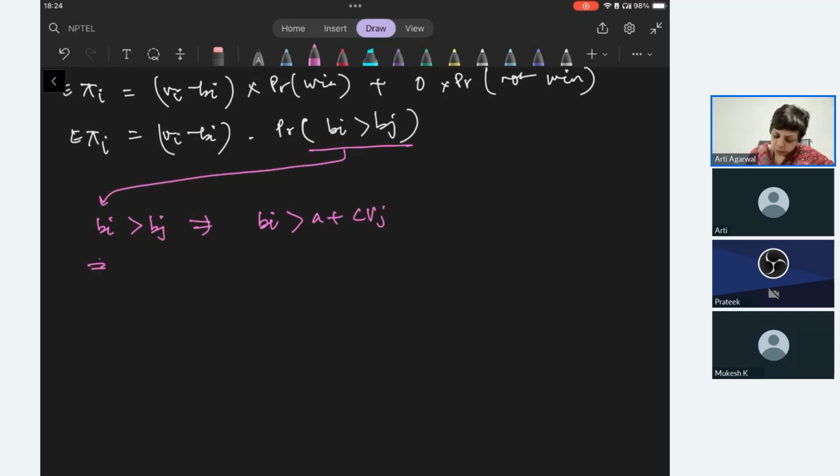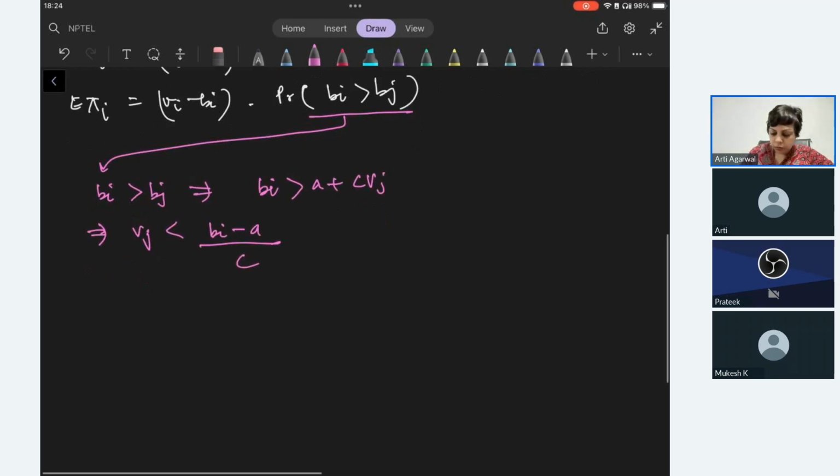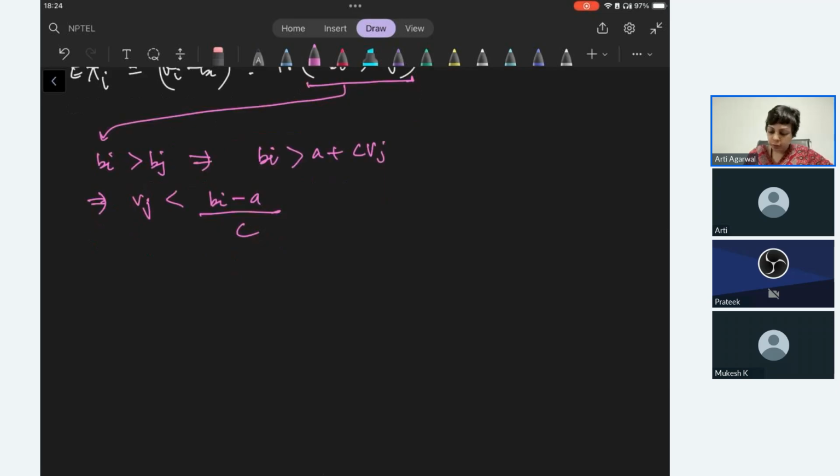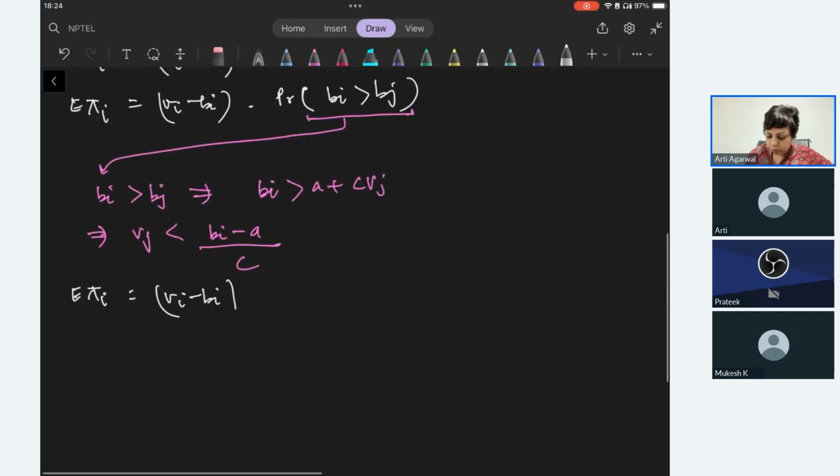This further implies, if we rearrange the terms, that Vj is less than (Bi minus A) divided by C. So the probability of Bi greater than Bj is the probability that Vj is less than (Bi minus A) by C. Therefore the expected payoff of i is equal to Vi minus Bi times the probability that Vj is less than (Bi minus A) by C.